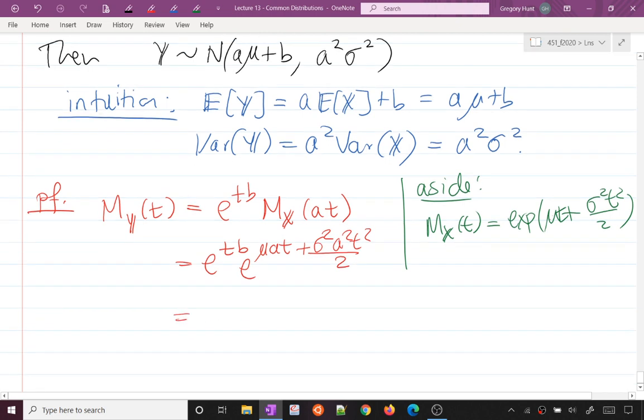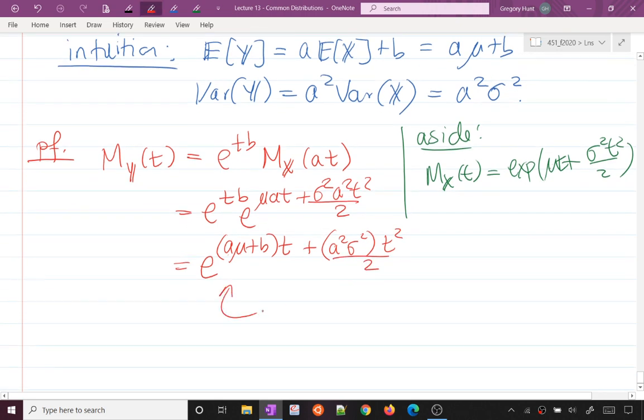And now we can just play around with combining exponents, right? I can combine my exponents, and I can say this is e to the a mu plus b times t plus a squared sigma squared, let's group that, t squared over 2.